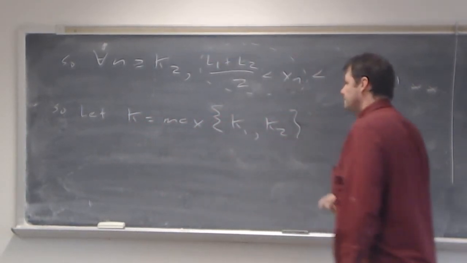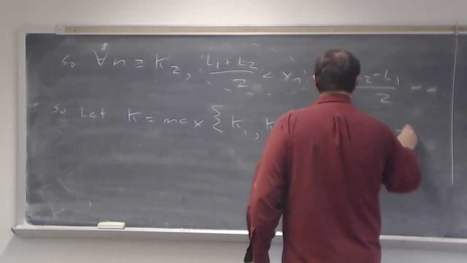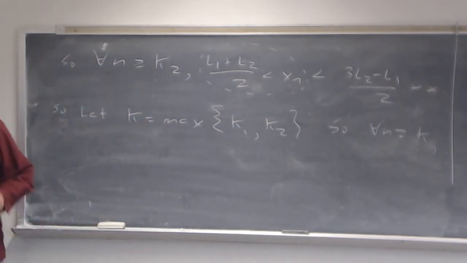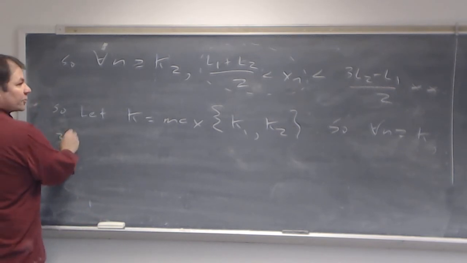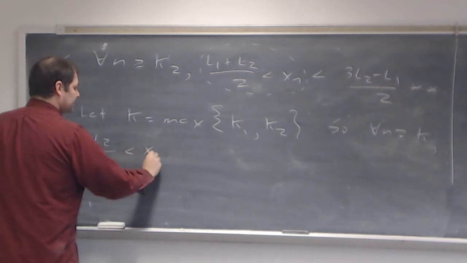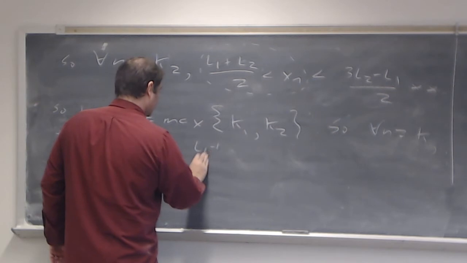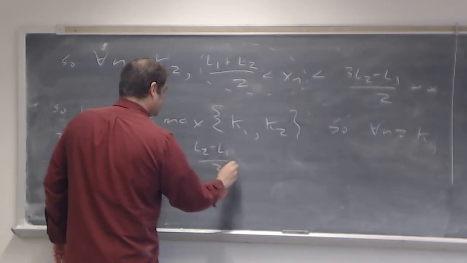When we go that far, for all n bigger than or equal to k, you're bigger than or equal to k sub 1. And so we have that initial star statement: 3 L sub 1 minus L sub 2 over 2 is less than x sub n, which is less than L sub 1 minus L sub 2 minus L sub 1 over 2.